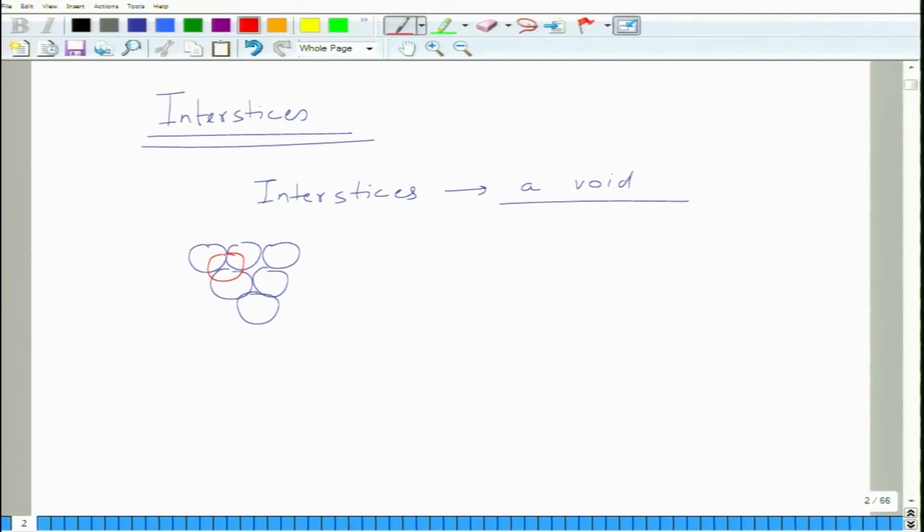Within this body, which is made by 3 atoms at the bottom and 1 atom on the top, if all the atoms were of the same size, I can create a body by connecting the centers of all the 4 atoms, 3 at the bottom, 1 at the top. This body is called a tetrahedron.